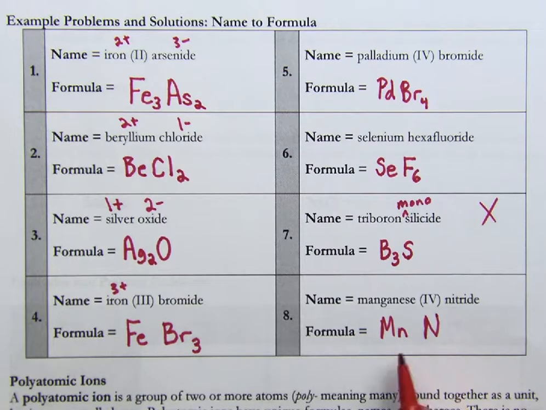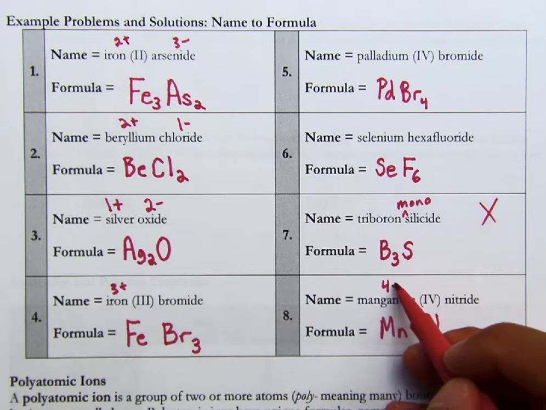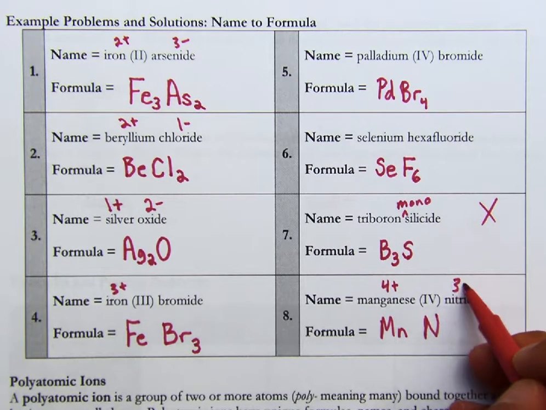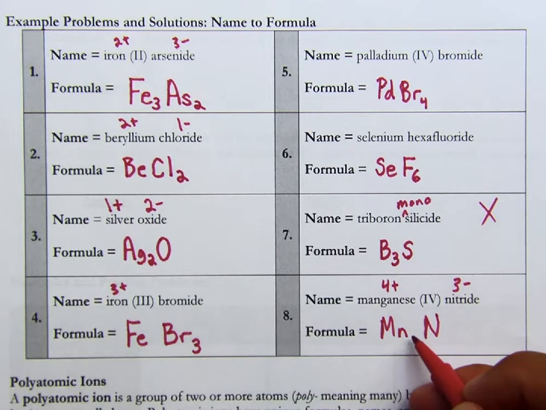This is saying that the manganese has a +4 charge. So if this is 4 positive and this is 3 negative, you have to do a common multiple thing, which is going to be 12. So you're going to have 3 of these and 4 of these.